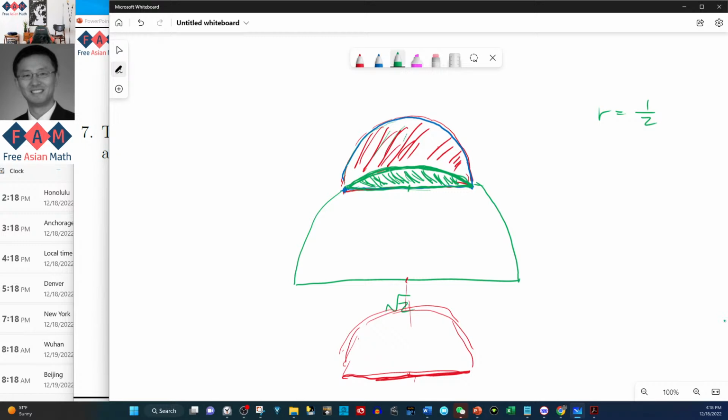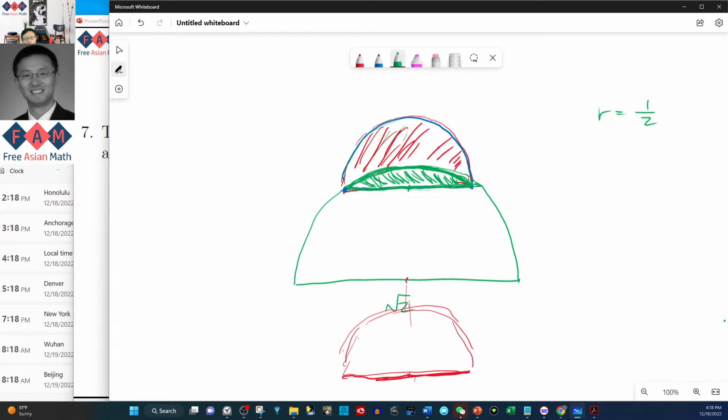But how can we compute this one? Well, at least this is simpler than the original problem, right? Now we have just one arc and one straight line segment. You have to think about what they are. So this arc is determined by this line segment, which is a chord, and we do know its length.